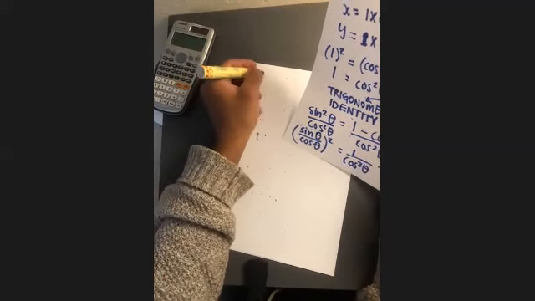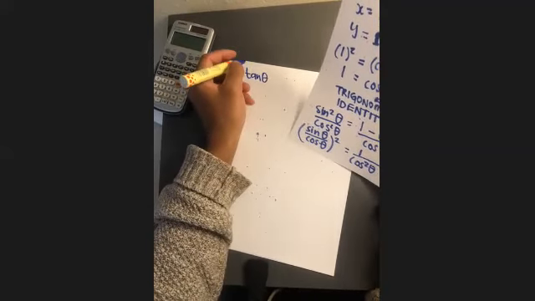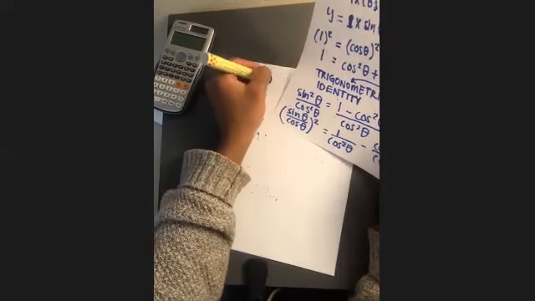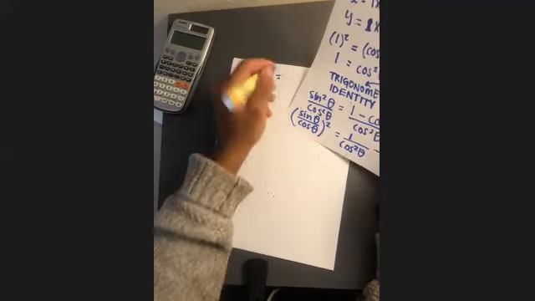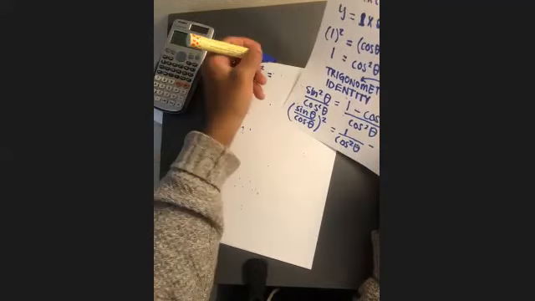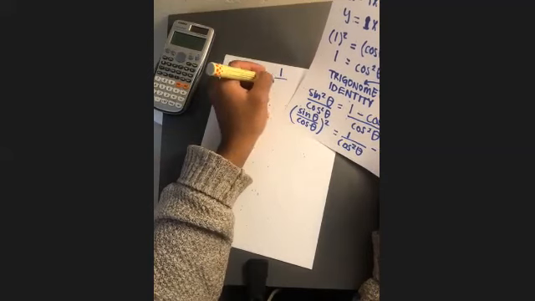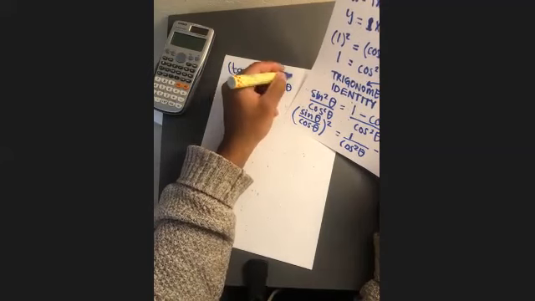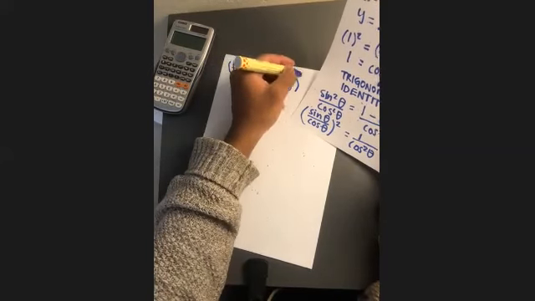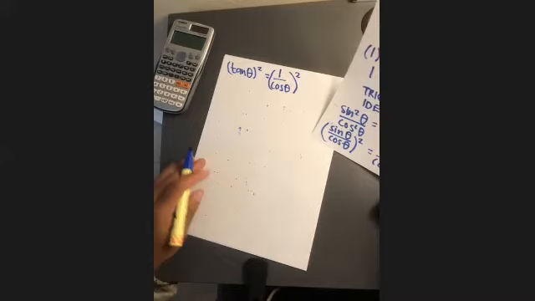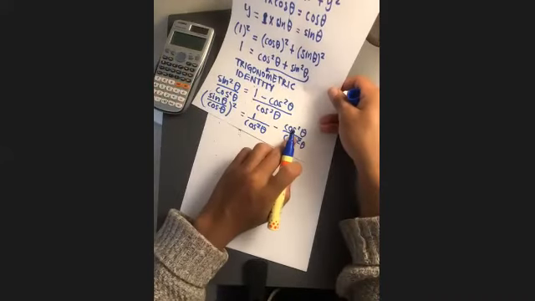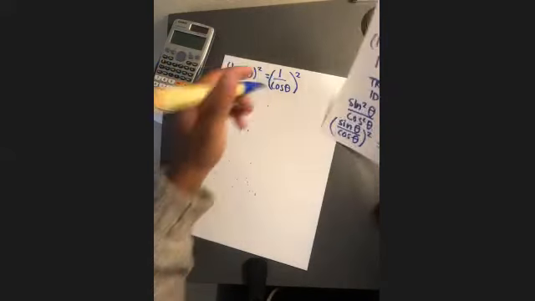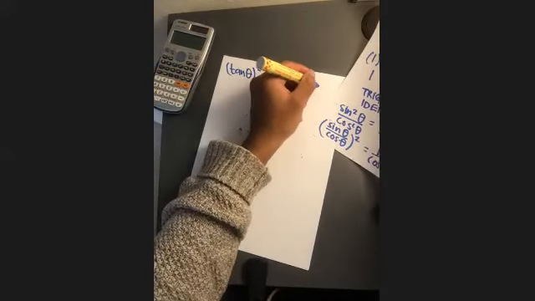So our tan of theta, but this tan of theta is squared, so we're going to square it. I'm just going to keep it simple and move one step at a time. We also know that 1 over the cos squared of theta is the same as this. But now we know that the cos squared of theta over the cos squared of theta is just equal to 1. So you know that it's minus 1 now.